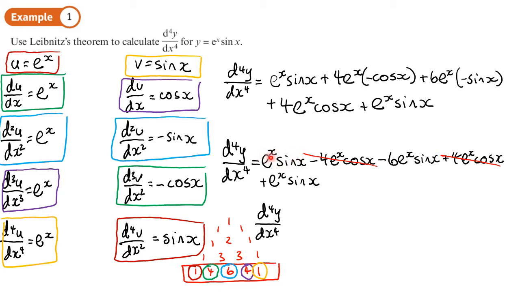So we've got 2 lots of e to the x sine x, take away 6 lots of e to the x sine x, just simplifies to minus 4 e to the x sine x. So you can see this is really useful for working out these higher derivatives, these nth derivatives of these products, without having to multiply or use the product rule multiple times.